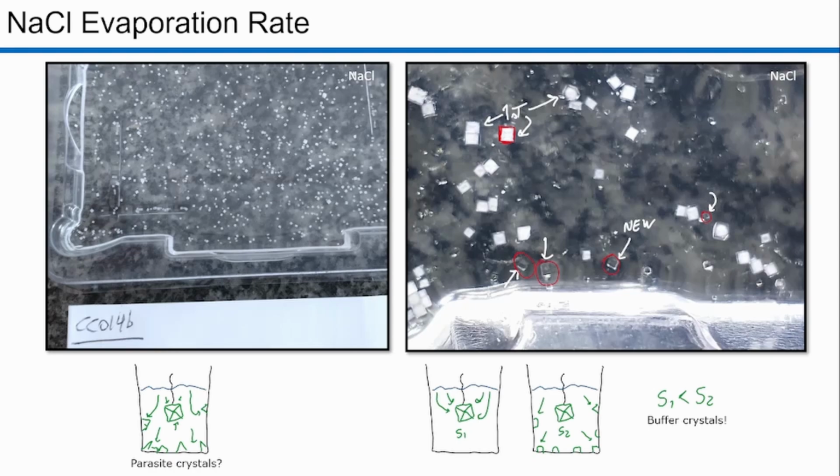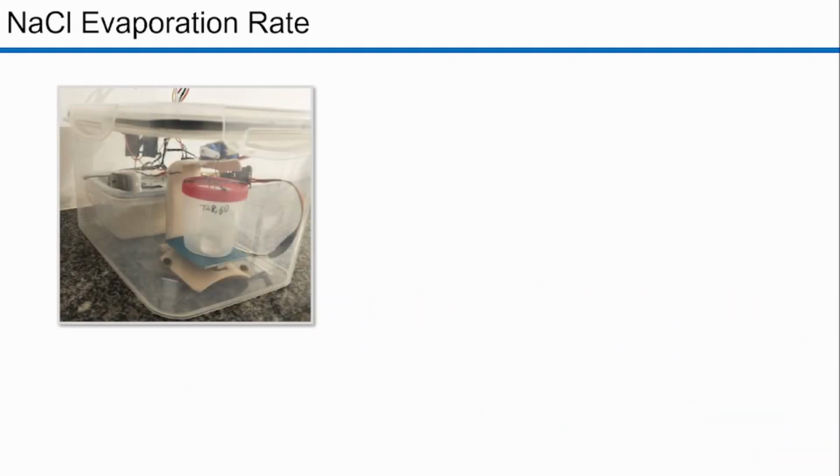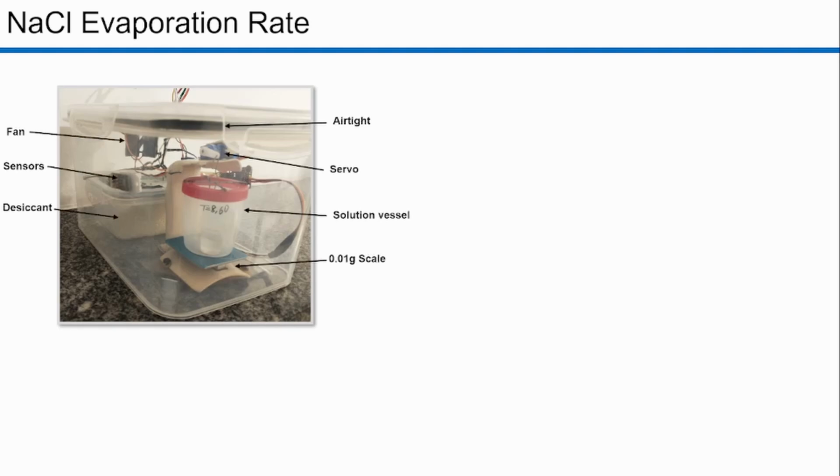They are friendly. And again, you might remind me that we got to this part of the video to think about how much is a fast or slower evaporation. So I made this scheme, this apparatus, to weigh the crystal evaporation. I have an airtight container with a servo and a solution vessel over here.